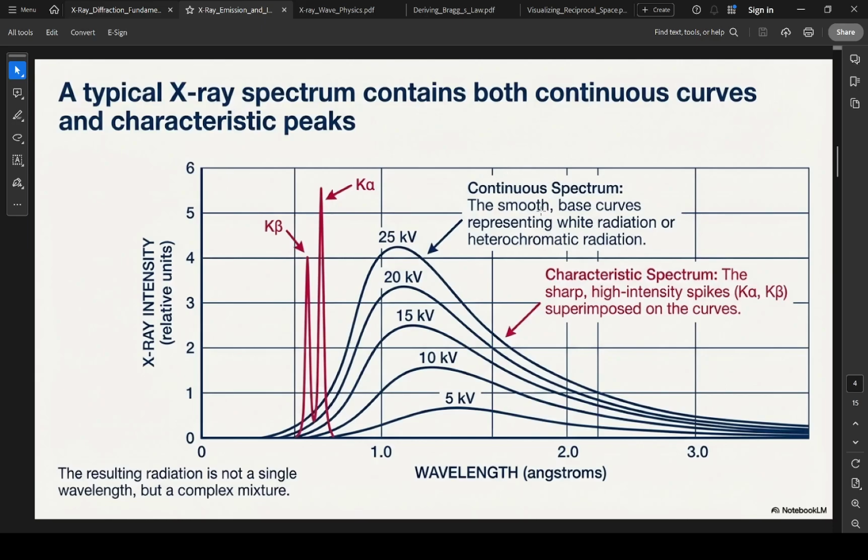The continuous curves are the smooth base curves that represent white radiation or heterochromatic radiation. They fall across a range of wavelengths. And then you have a characteristic spectrum, which are very sharp high intensity spikes superimposed on your continuous spectrum, and they have special names such as K alpha, K beta, L alpha.